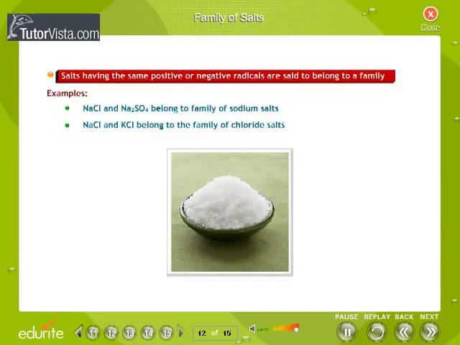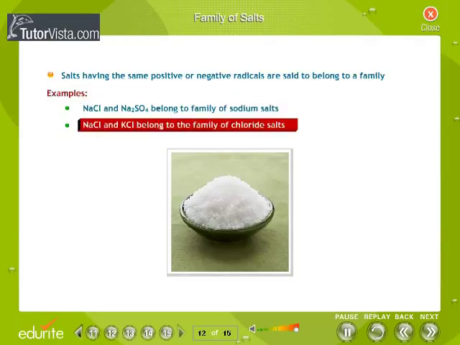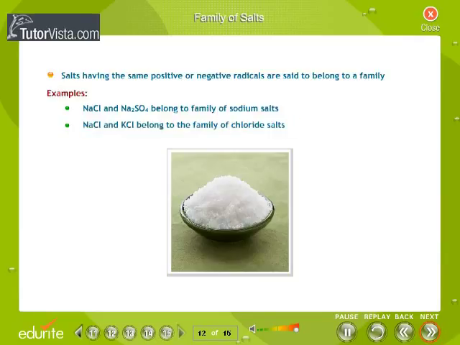Salts having the same positive or negative radicals are said to belong to a family. For example, sodium chloride, NaCl, and sodium sulfate, Na2SO4, belong to the family of sodium salts. Similarly, NaCl and potassium chloride, KCl, belong to the family of chloride salts.